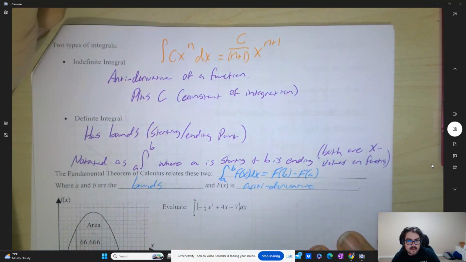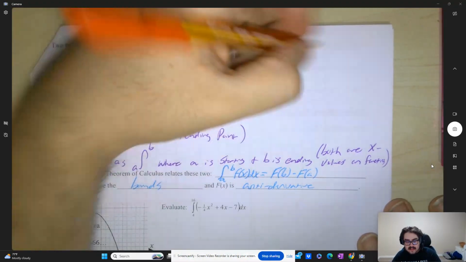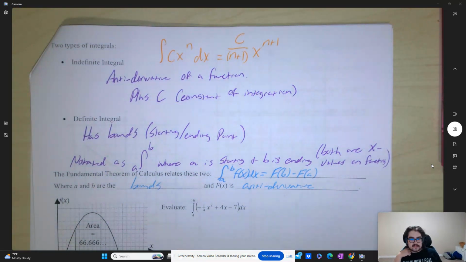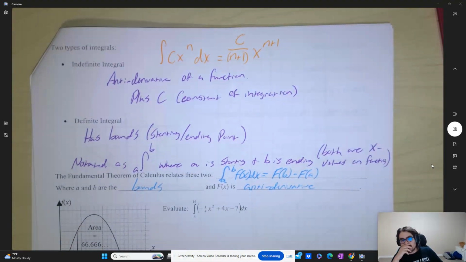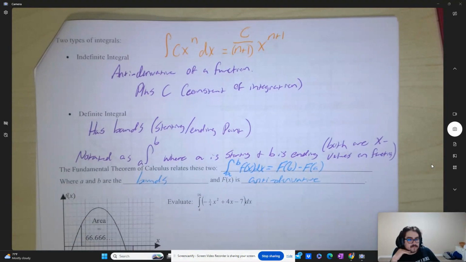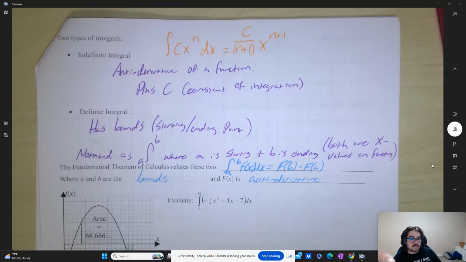And if it's indefinite, then you would have to do the plus c. I'm just going to leave the plus c out for right now, because this is more of a general form for taking the integral with a power rule. I'll show you how to do u substitution here in just a second.